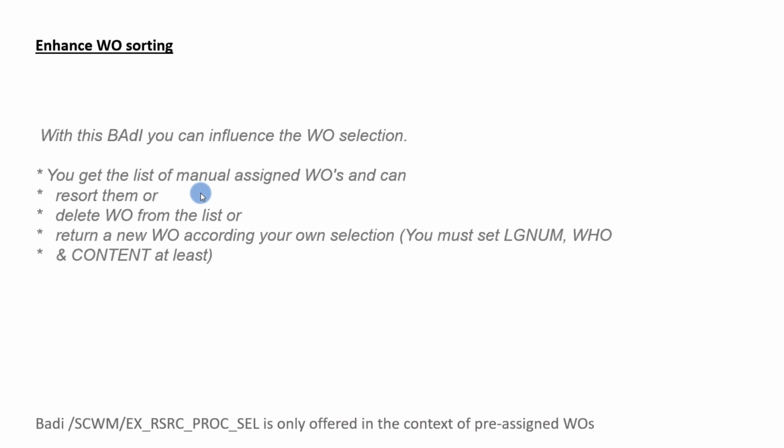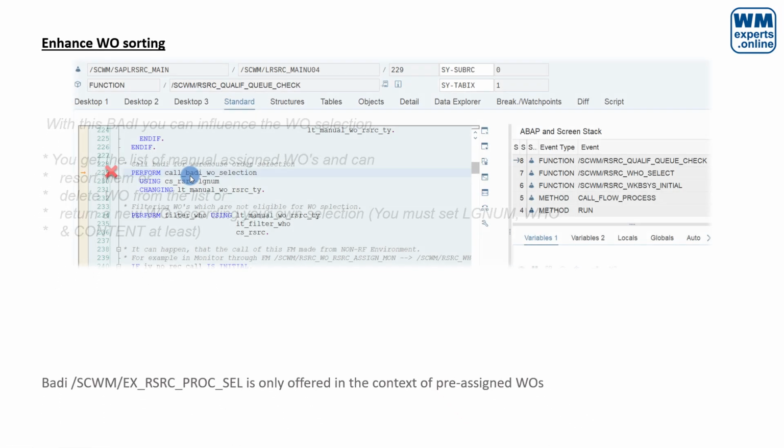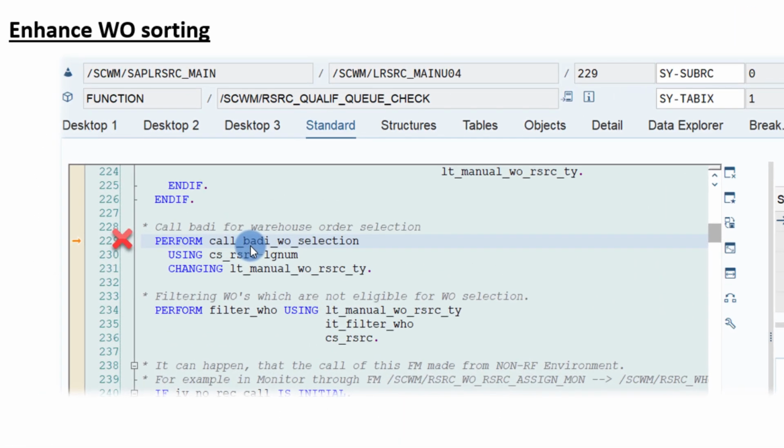And I was a little bit surprised about that, checked the code, and found that it is indeed called from the function module that we know already, that we saw before, right after the standard sorts the warehouse orders which have been assigned manually.